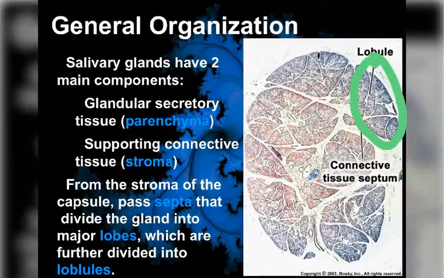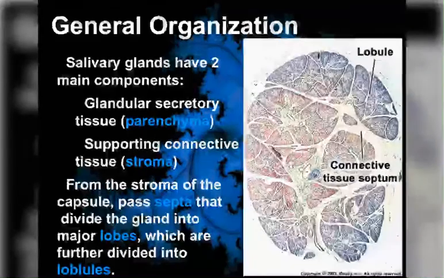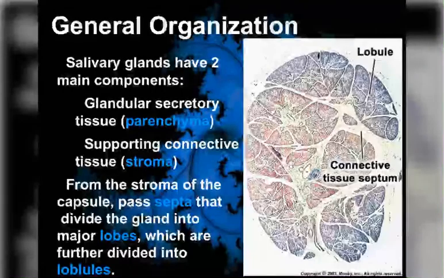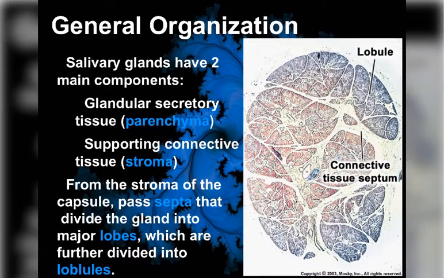Each lobe is further divided by smaller septa into lobules. So from the stroma of the capsule pass septa that divide the gland into major lobes, which are further divided into lobules.